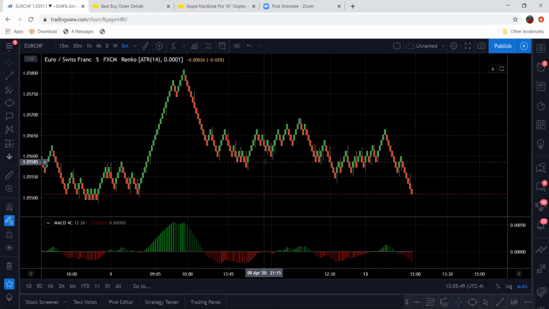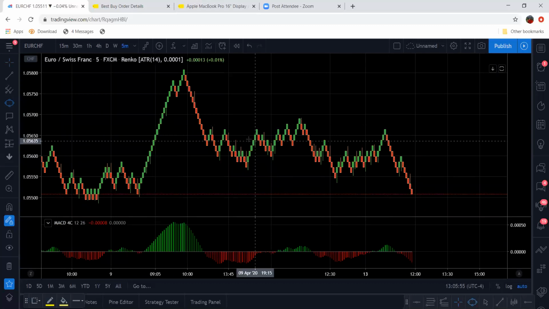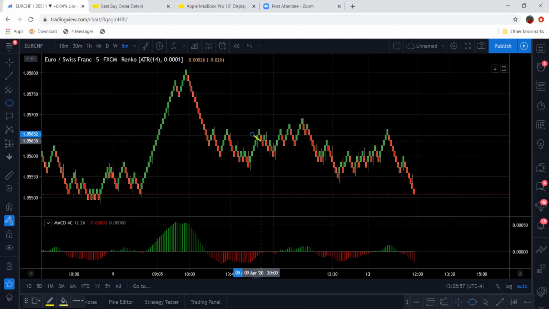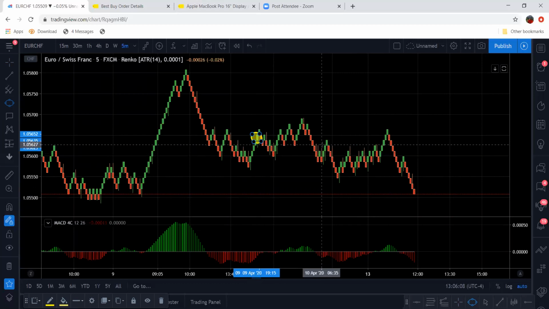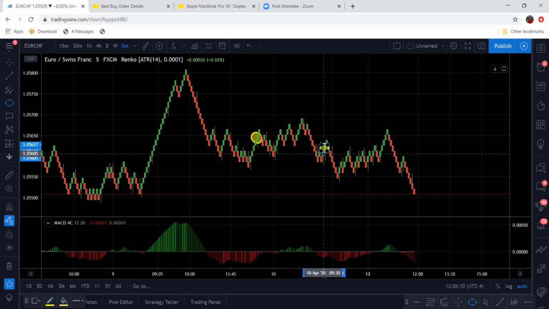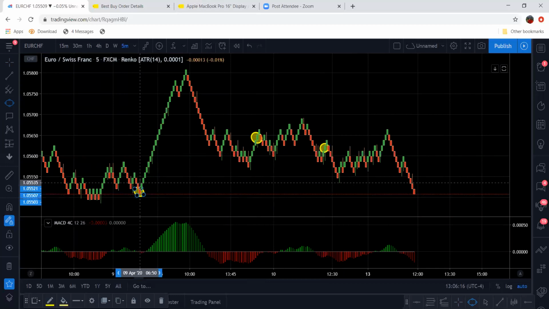For example, see this brick with a wick right here? This would have been a bad time to really buy. Even though the next brick did form and go up a little bit, eventually this came down. Same thing over here. This would have been a bad time to buy. This would have been a bad time to sell. See that brick with a wick?